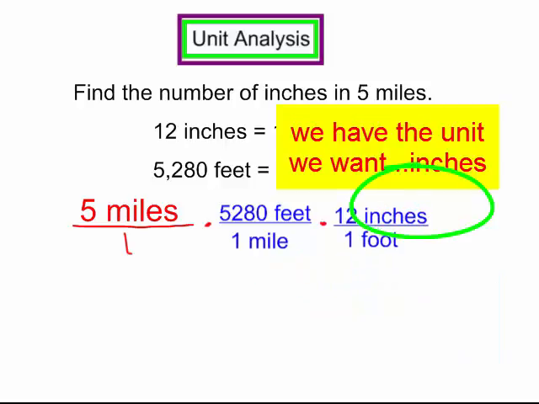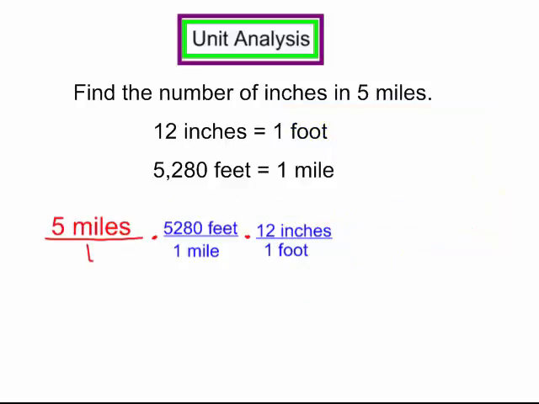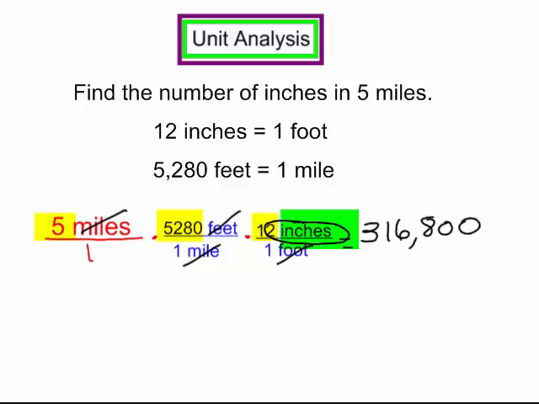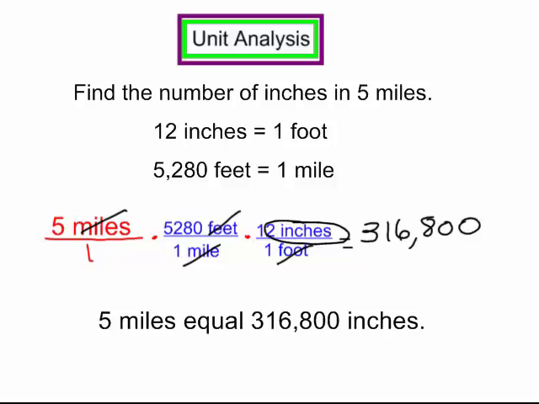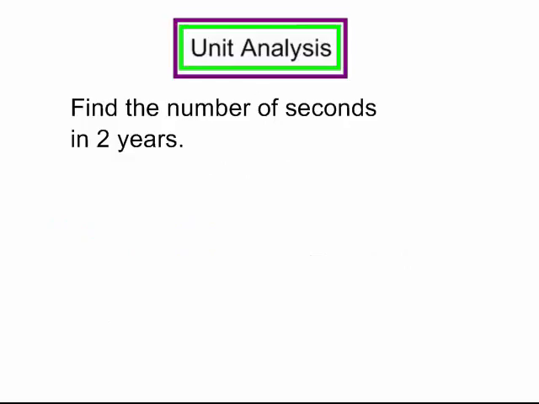So let's do some multiplying and canceling. 5 times 5,280 times 12 is equal to 316,800. Miles will cancel. Feet will cancel. I have multiplied all my numbers, and I have inches left. 5 miles equal 316,800 inches.